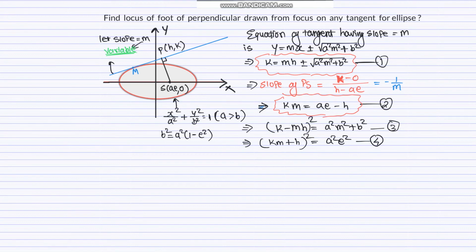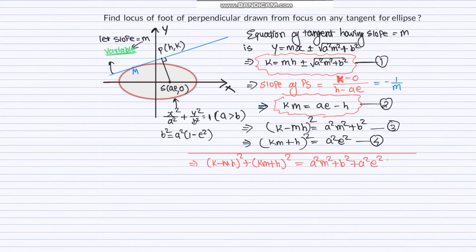Now we'll add these two equations, equation number 3 and equation number 4, and let us see what we'll get. After adding, we get K minus MH whole square plus Km plus H whole square equals A square M square plus B square plus A square E square.